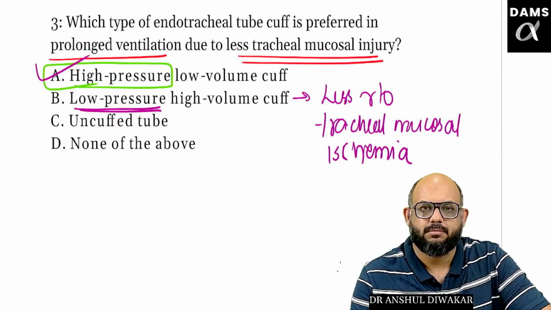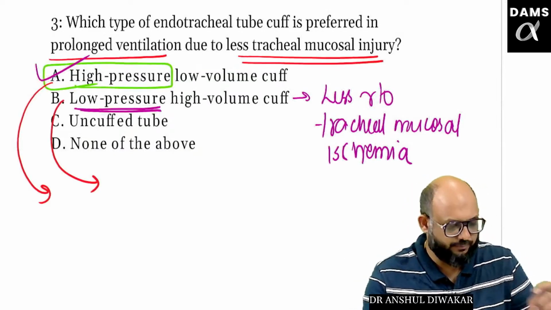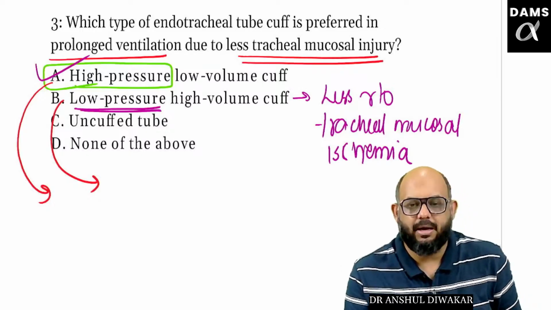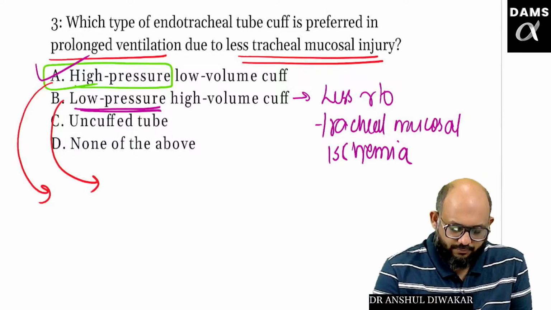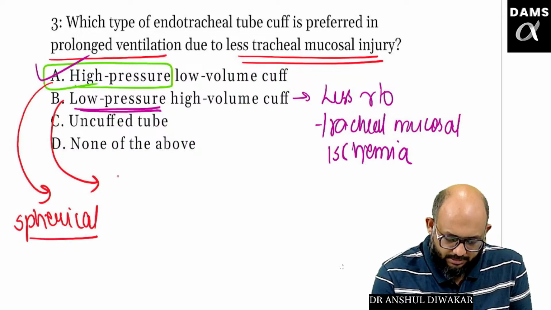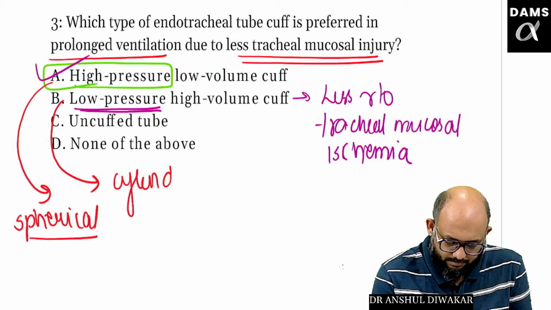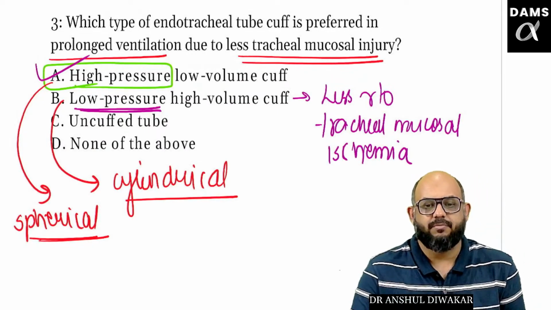Alright. Can you tell me the shape of a high pressure versus low pressure cuff? A high pressure cuff is spherical in shape, while a low pressure cuff is cylindrical in shape.